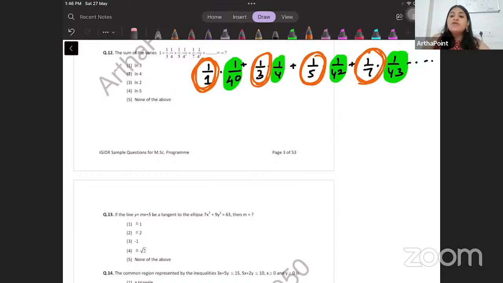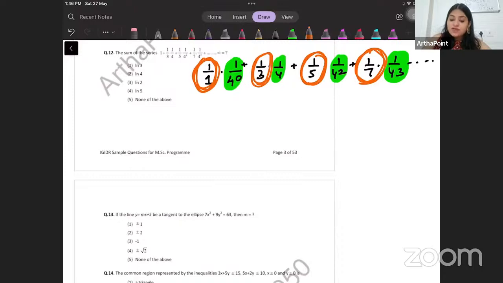So you have two parts to this series. One is the AP part and one is the GP part, and you are supposed to solve this together. I have done this in our lectures where we tried to solve this together.